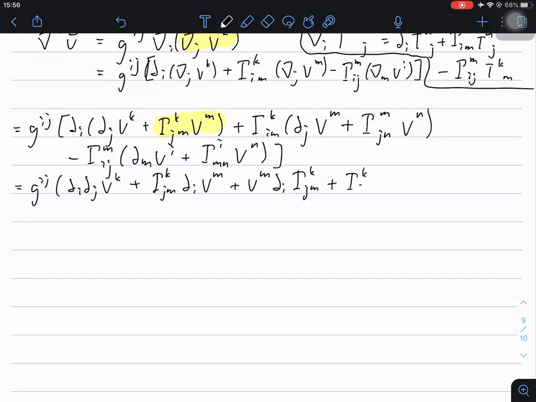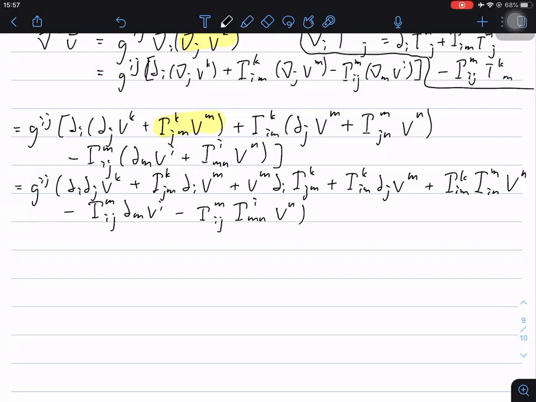And then expand everything. And then we can now do the summation.